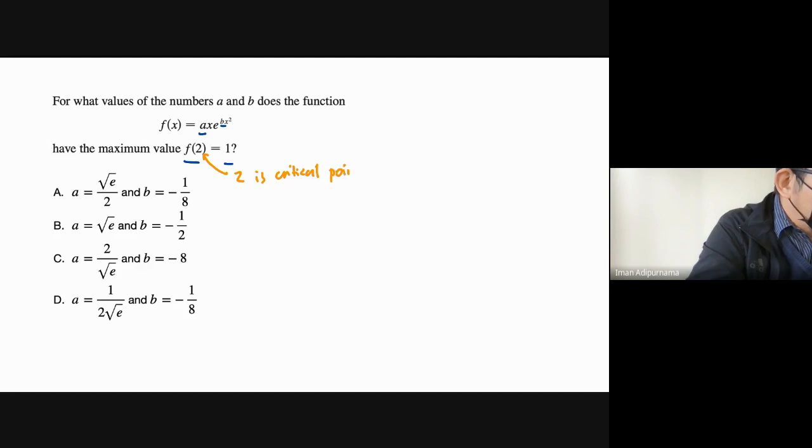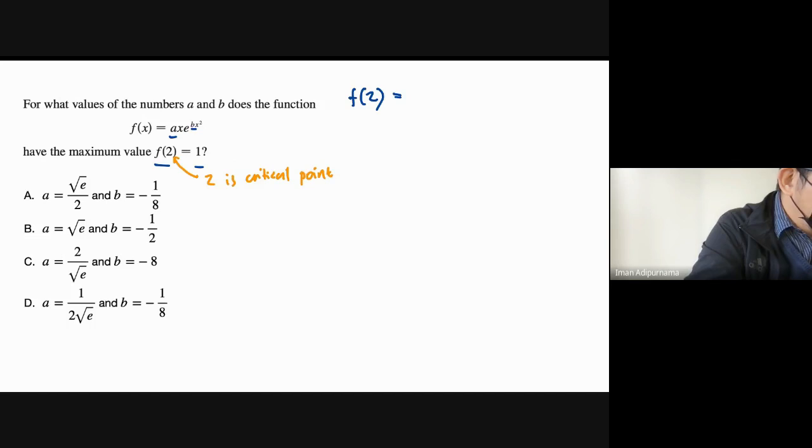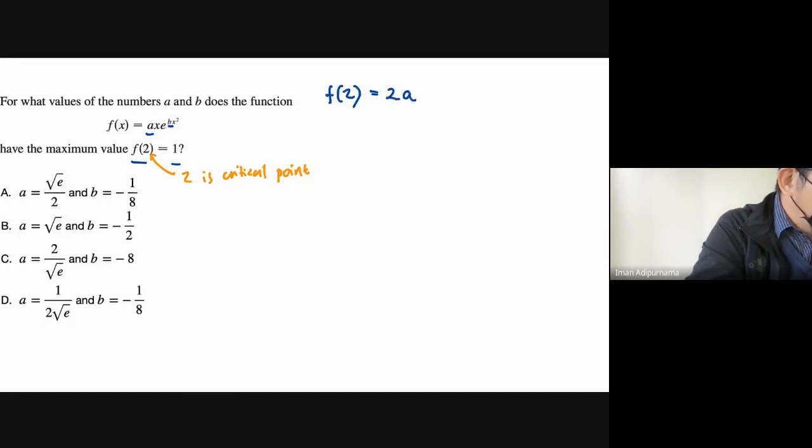So we can first put x equal to 2 into the equation, if you want. This is 4b, or this is 1. So this is half.